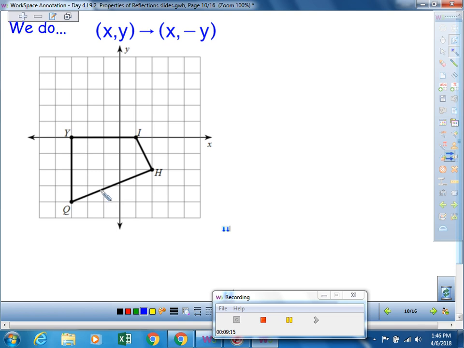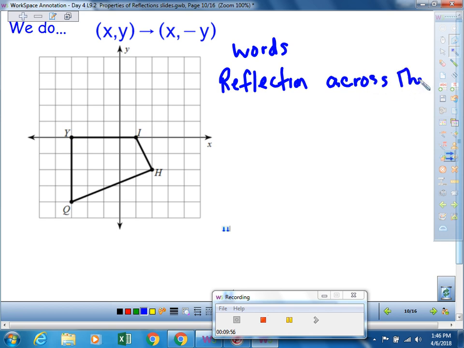So write this one down on the top of this shape. So what I recommend when they give you this is translate it into words first. So this is a reflection across which axis?